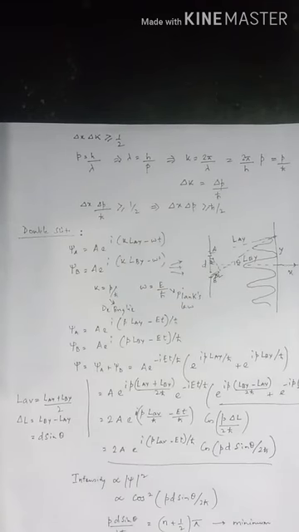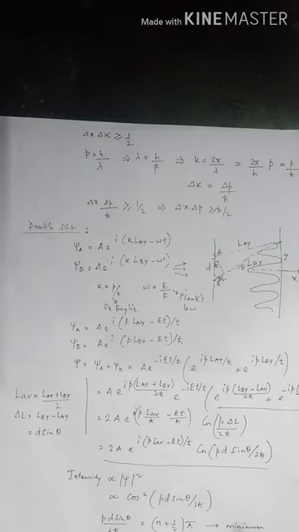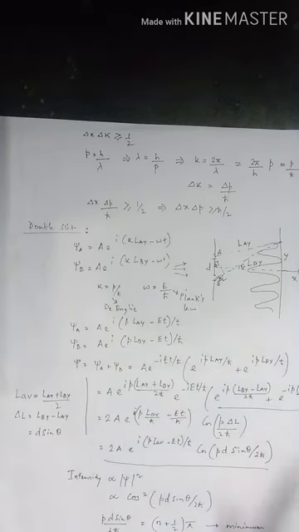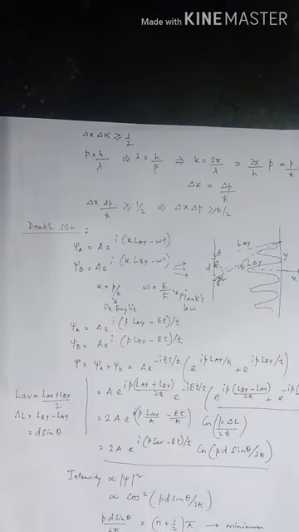This particular condition for minima actually corresponds to the fact that, if we again go into the particle concept of the electron, because the electron, if it behaves like a particle, then it would go through either slit A or slit B and would reach a particular point which was initially not zero.